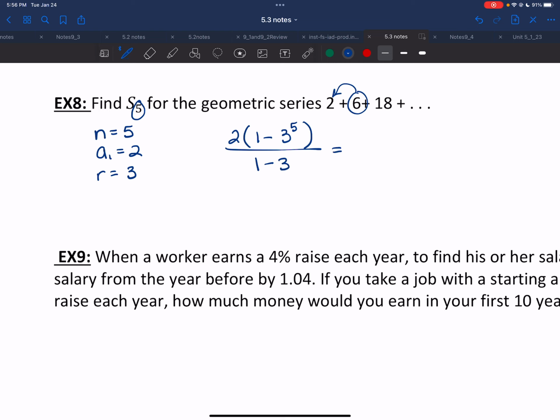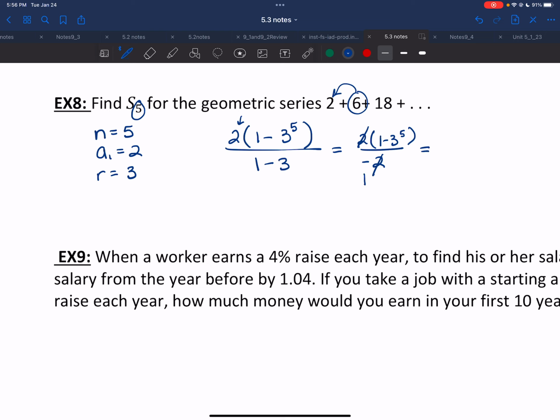And so I would have 1 minus 3, that's the easy part, gives me negative 2. So I'll have negative 2 on the bottom. And I see I have a 2 up here, so I'm not going to use that yet. 1 minus 3 to the 5th. This 2 is going to cancel out, but I'm still left with that negative in the denominator. So I'm just going to replace it with a negative 1.